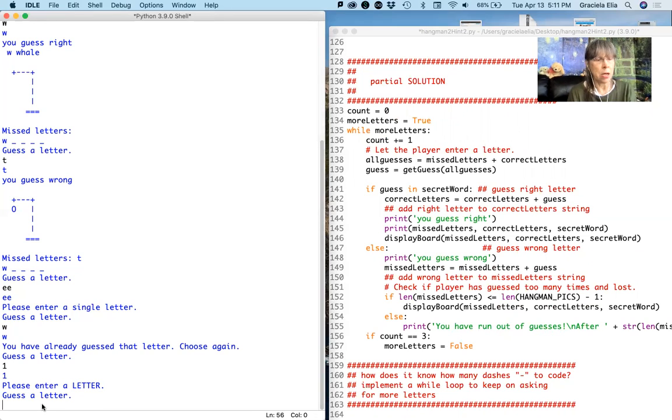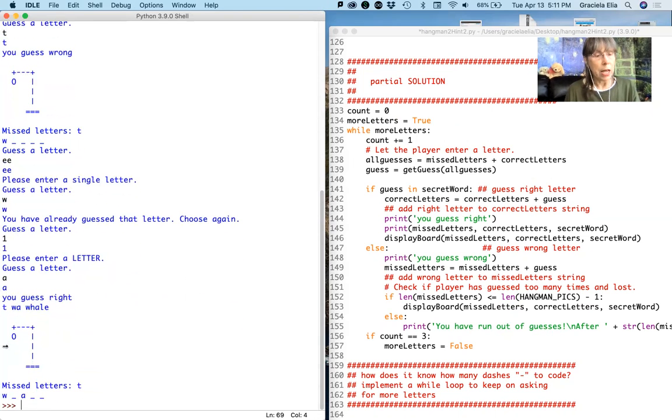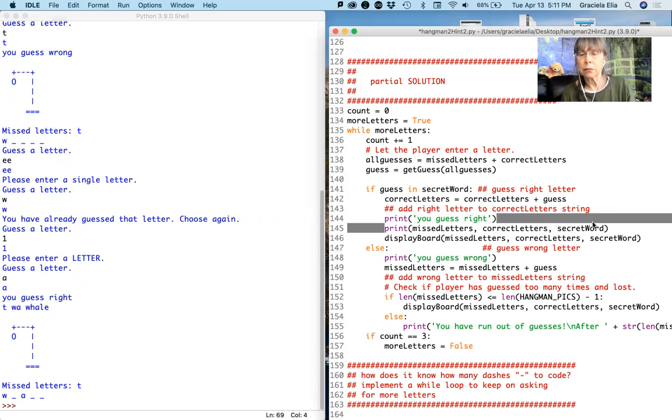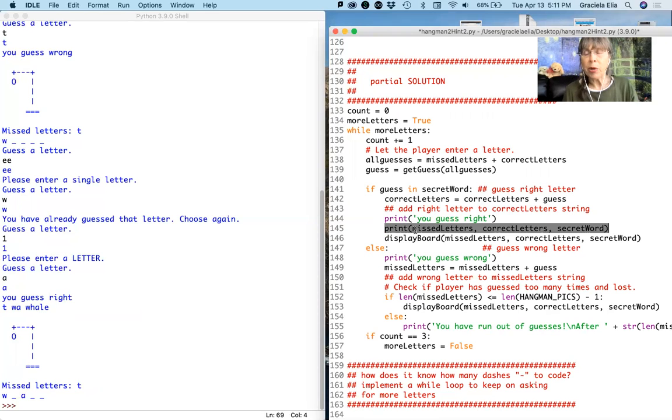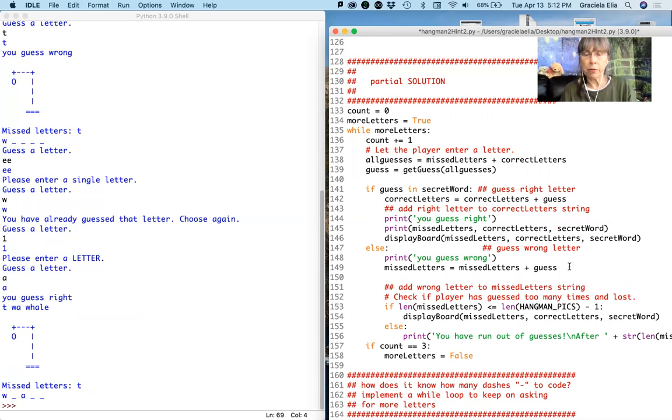Let's say A. There. So if we look at this line over here, the printing letter, this is coming from here. So technically, we're only going to see this when we guess right. It would be good to have also, we have it right here too, right? Let's do that. Let's put it right here. I think it would be good right in here.